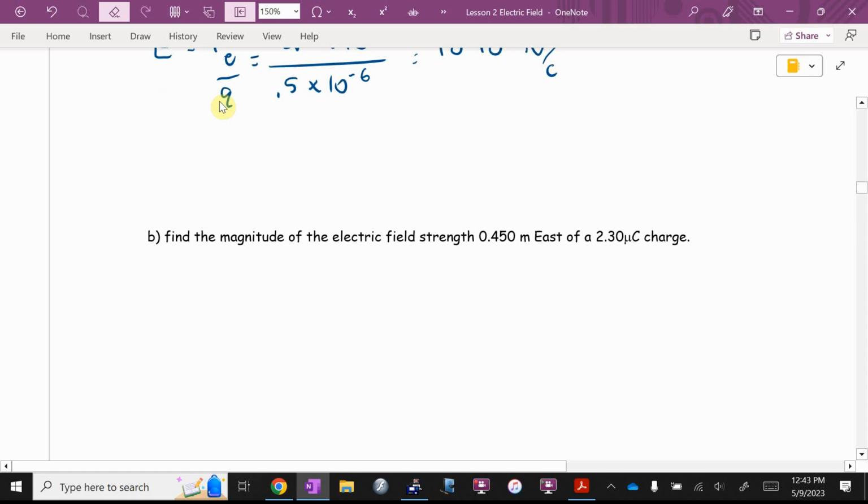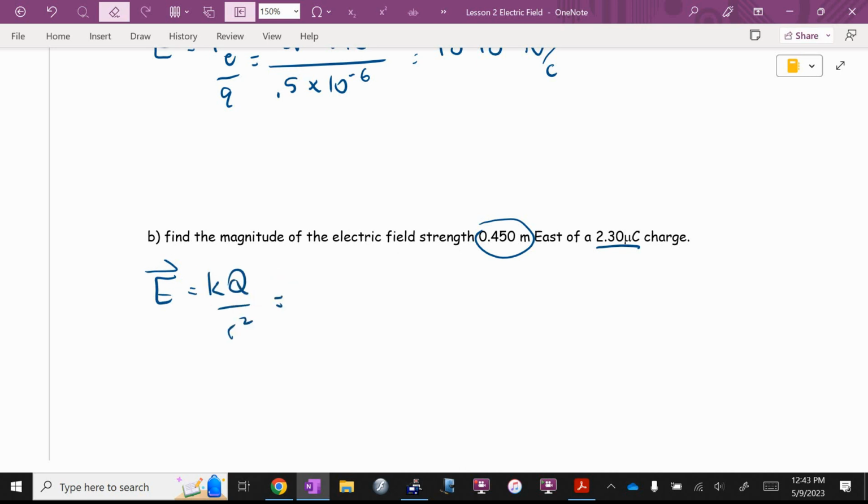Hannah, what does B want me to find? Didn't we just find that? Now I notice they gave me a distance, and this is the charge that's creating the field. So now I'm going to go k big Q over r squared. What was k again, folks? 9 times 10 to the ninth.